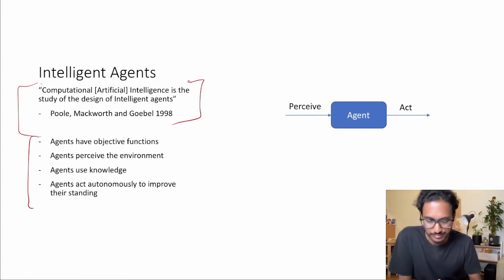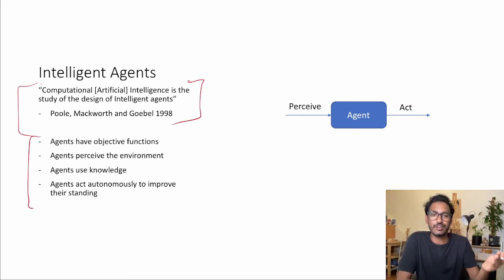So, for example, a self-driving car has knowledge of the road rules. It can perceive the environment through the cameras and various sensors, and it has an objective to get to a certain place. Let's say that you are driving to the university. The car will act autonomously to improve its standing compared to the objective function. So you need to get nearer to the university.